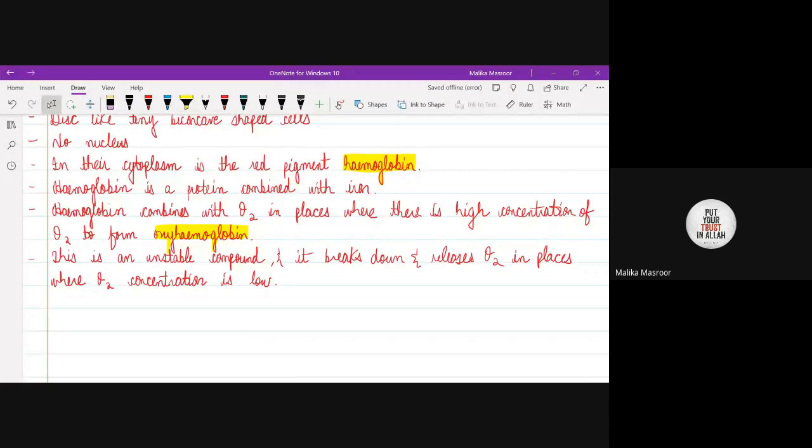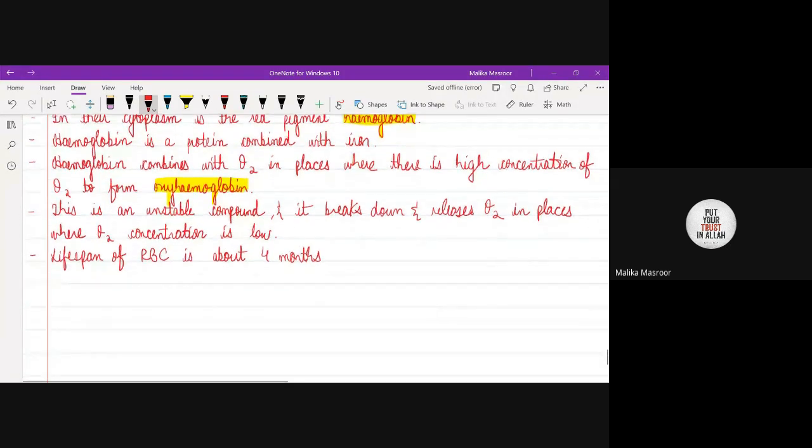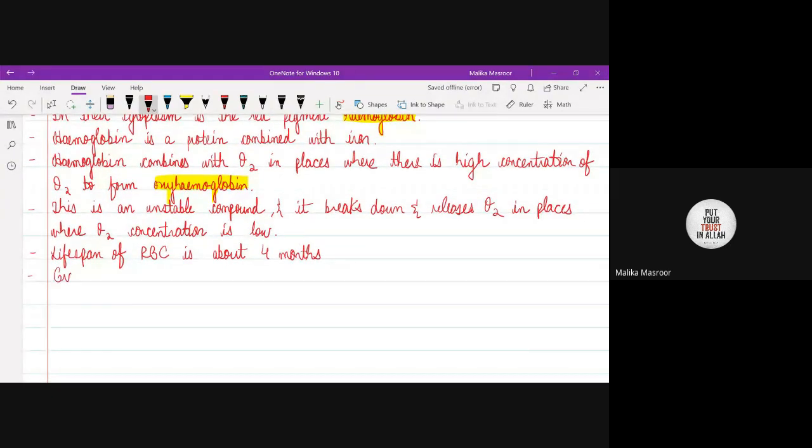Clear? The lifespan of RBC is about 4 months. Okay. The graveyard of RBC is the spleen.